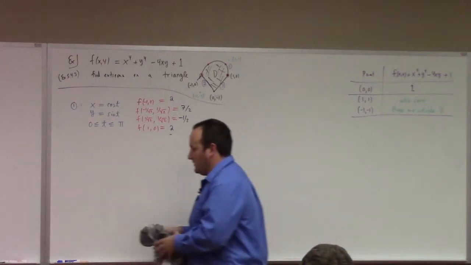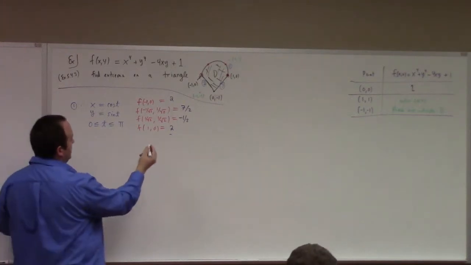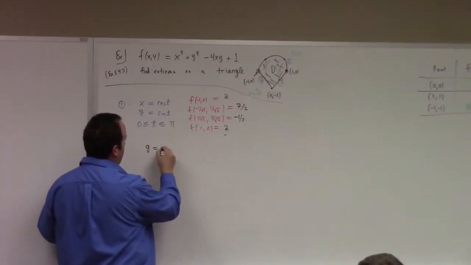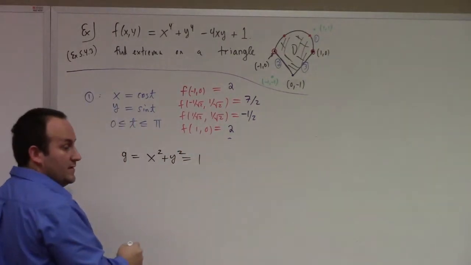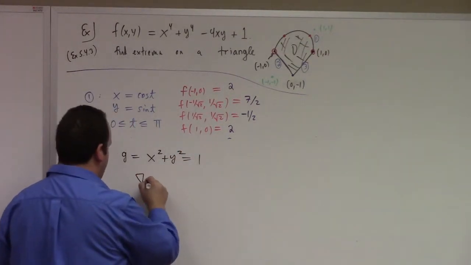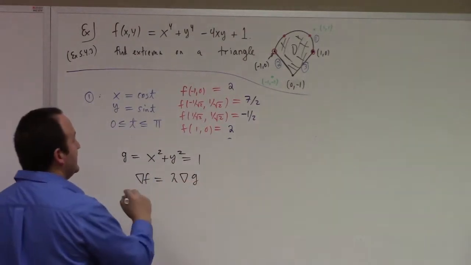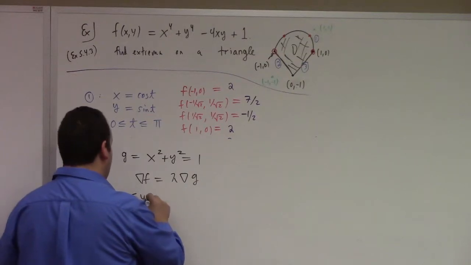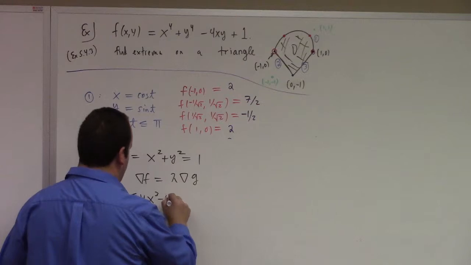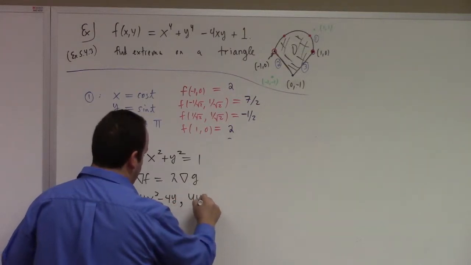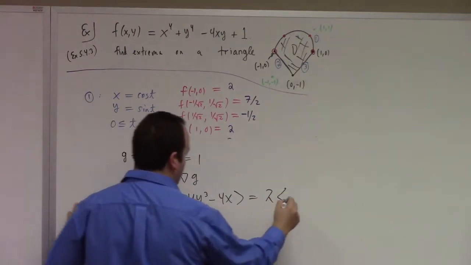Let's see how we would have used Lagrange multipliers for the upper piece. How about this? Our constraint would have been x squared plus y squared equals 1, right? And so we would have been looking at the gradient of f equals lambda gradient of g. The gradient of f I have erased, but it was 4x cubed minus 4y cubed minus 4x equals lambda times, well, 2x, 2y.